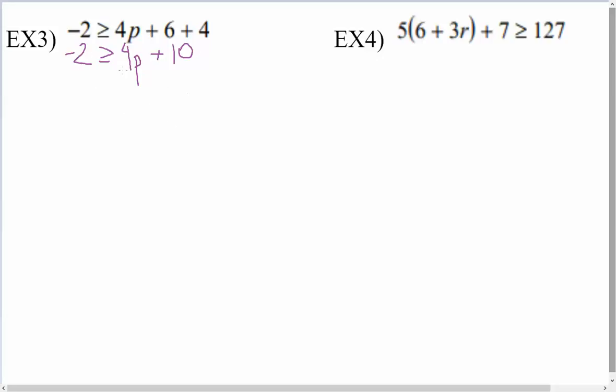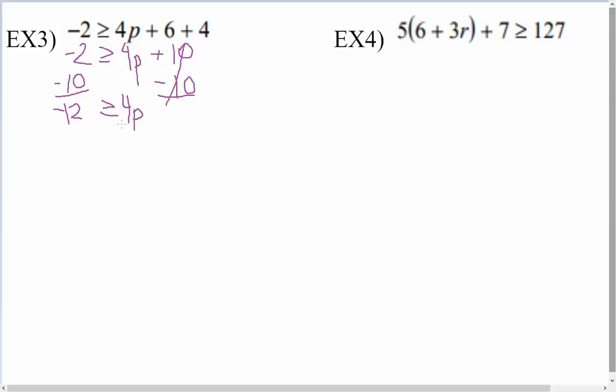Step 4, the constant that's on the same side as the variable. So this 10 is a number by itself. Since that's +10, we're going to go -10. So that cancels those. -2 minus 10 is -12, being greater than or equal to 4p.